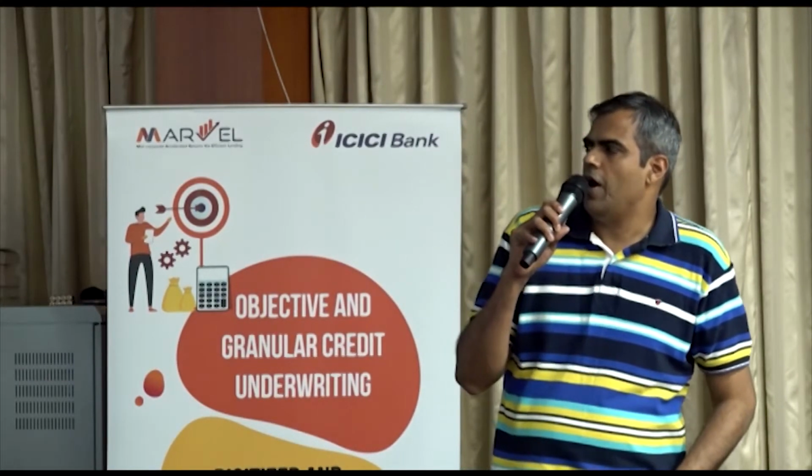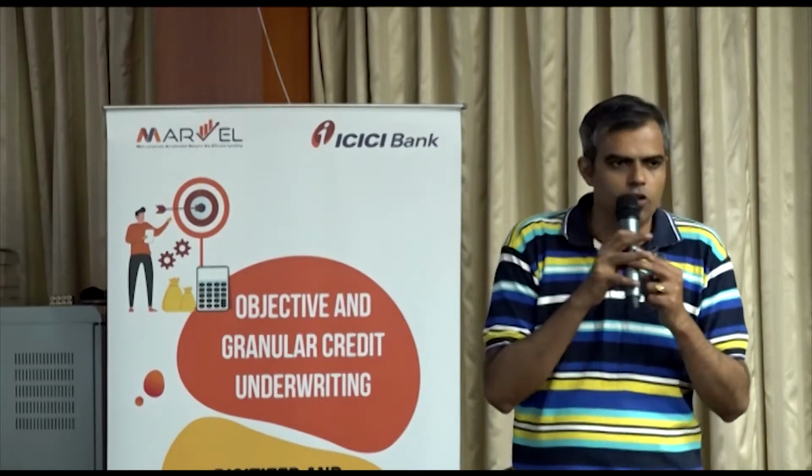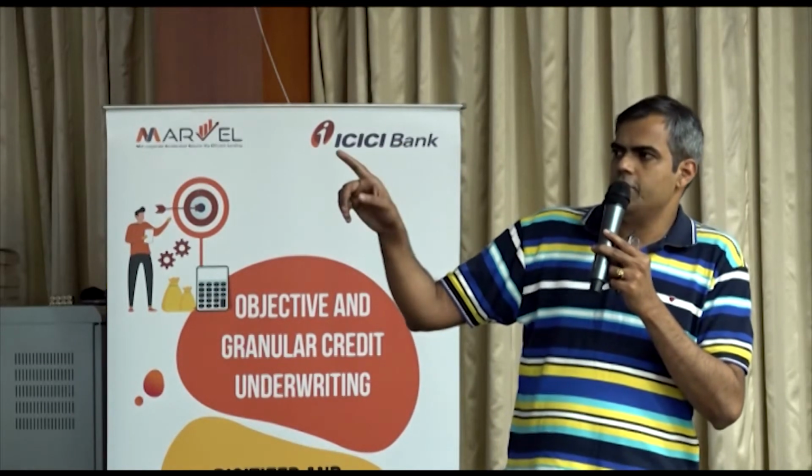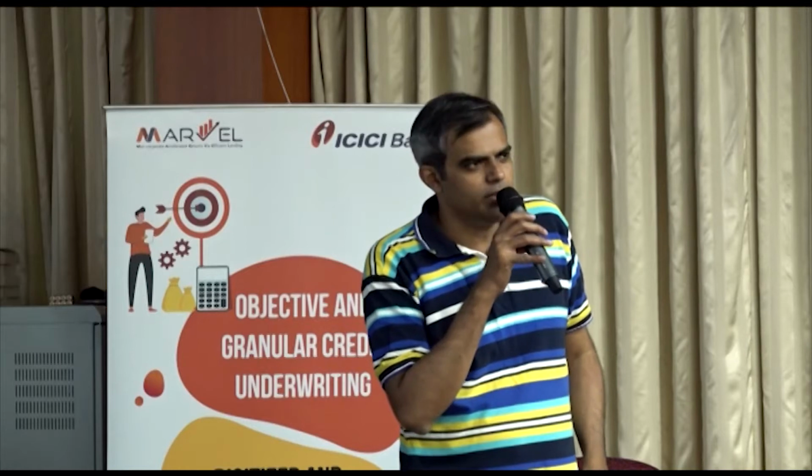Then this is again a very important selection you have to make. You have to choose the industry of this customer. The key point to note here is that in addition to the industry, there's something called a sub-industry. What we've done here is that we've tied up with CRISIL.